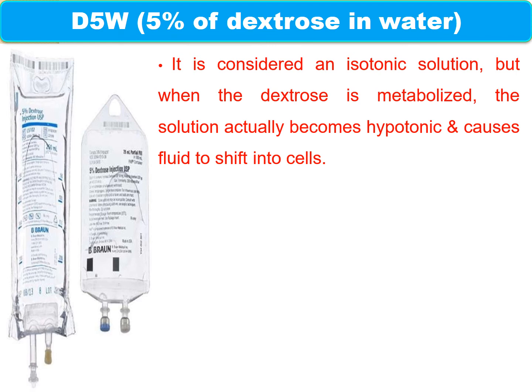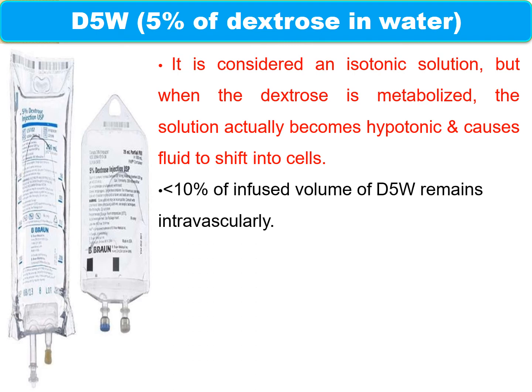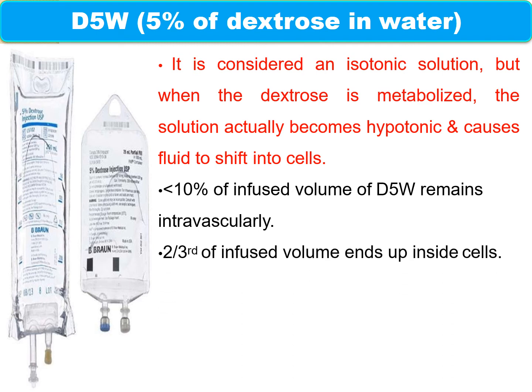But when the dextrose is metabolized, the solution actually becomes hypotonic and causes fluid to shift into the cells. Note this point: it causes the fluid shift into the cells. Less than 10% of the infused volume of D5W remains intravascularly. Two-thirds of the infused volume of D5W ends up inside the cells.